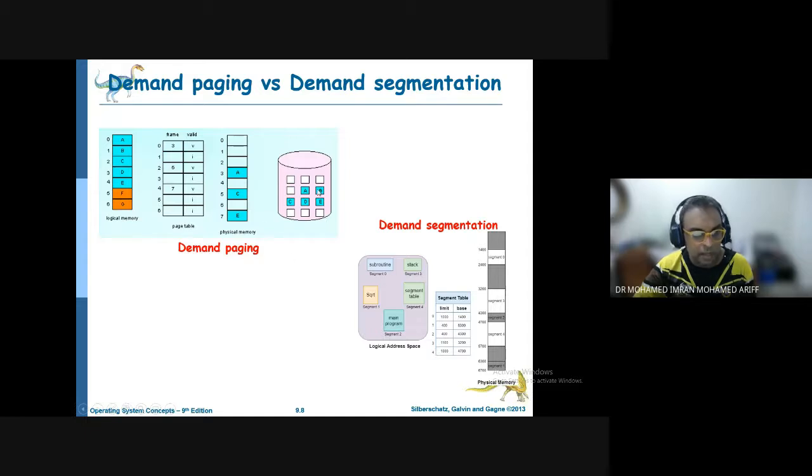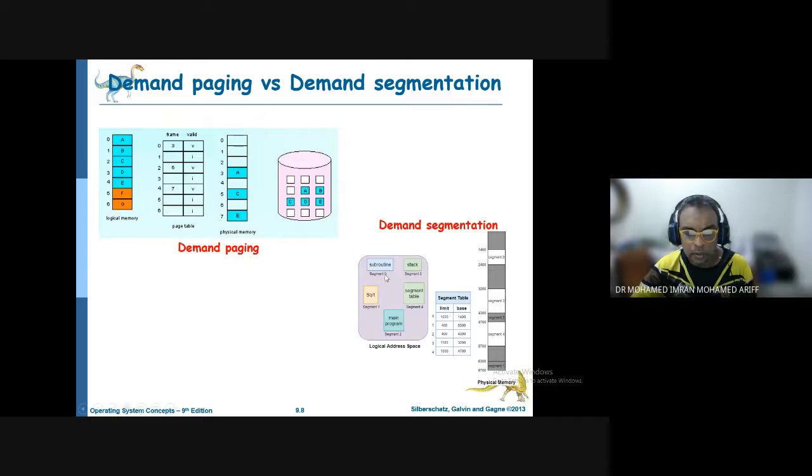Hard disk, sometimes in the slides, is called backing store. So when you read backing store, it means the hard disk. In segmentation, okay, the files of the program are broken down into segments. So inside the logical address, this is all regarding one particular process.